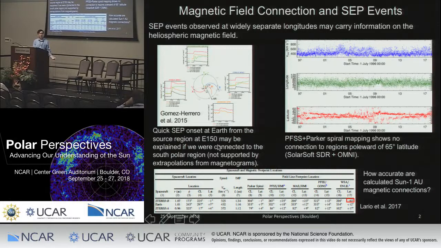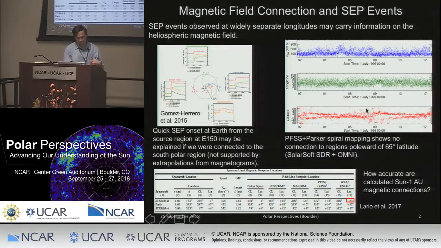But that is not supported by any models, by extrapolation based on photospheric magnetic field. And I just plotted this. This shows the magnetic field connection longitude and latitude with the solar wind speed over solar cycle 23 and 24. During solar minimum, at some point, maybe we are connected to high latitude regions, but not beyond 65 degrees poleward.